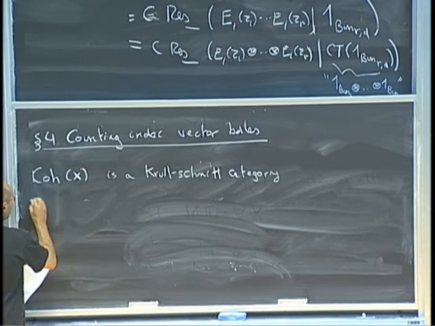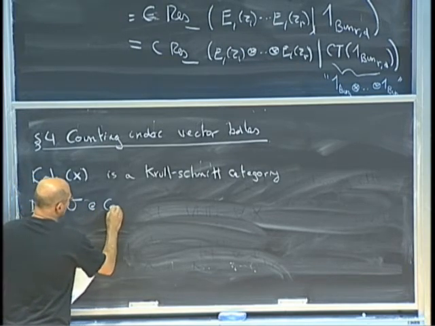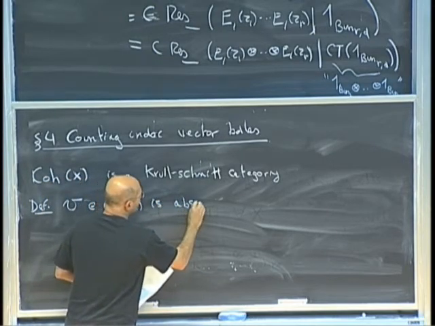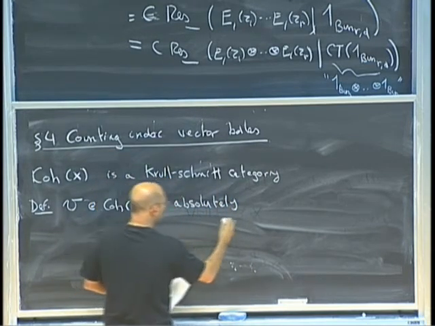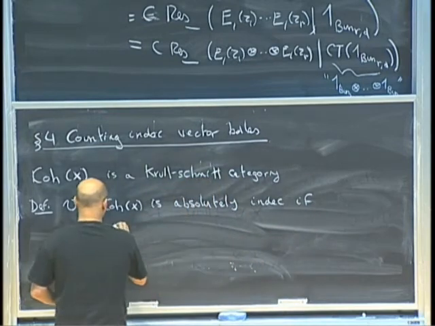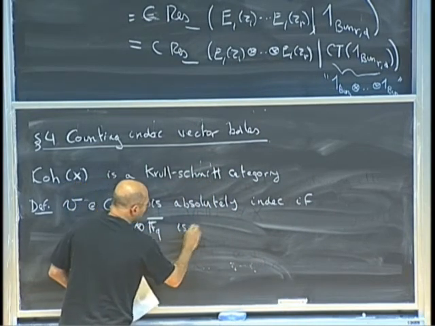And so you say a vector bundle V on X is indecomposable if you cannot decompose it, and it's absolutely indecomposable if V tensor F_q-bar is indecomposable.